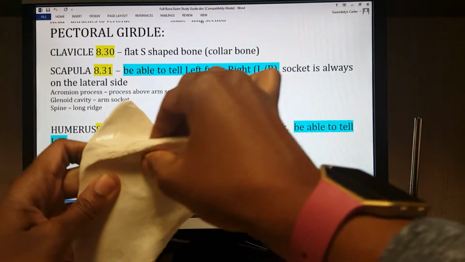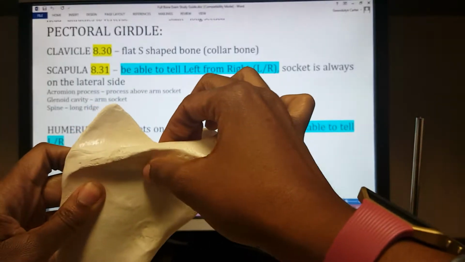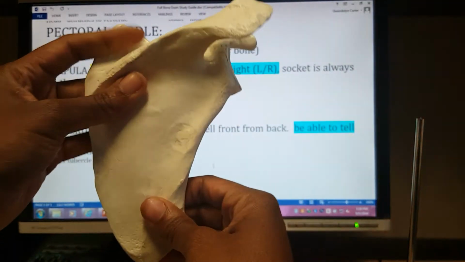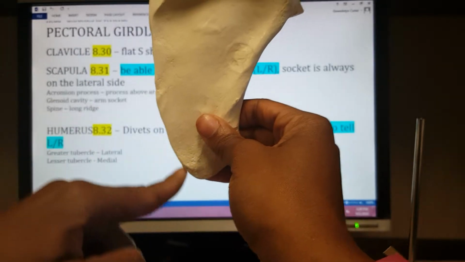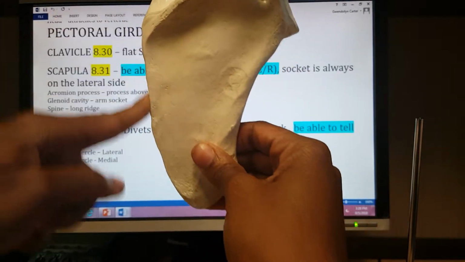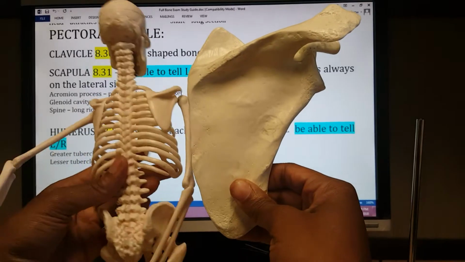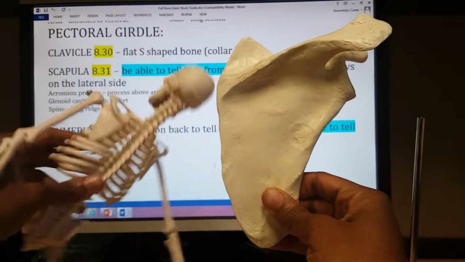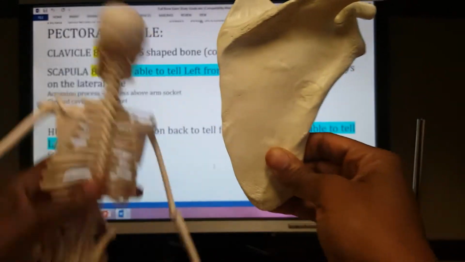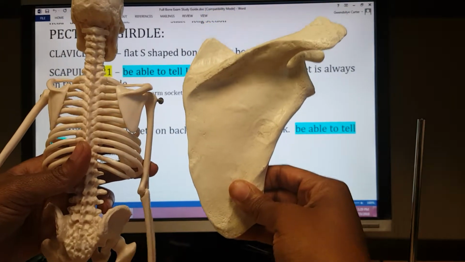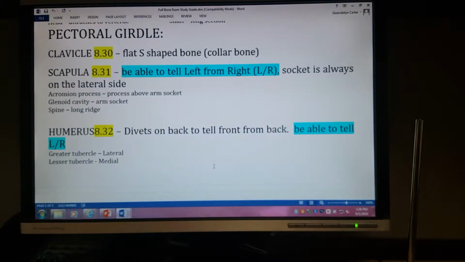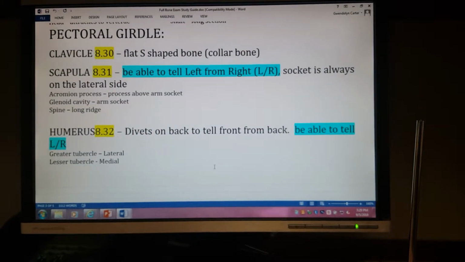This big spine portion is going to point towards the back. This part here is your medial edge, going to point towards the middle of the body. So like our skeleton here, this would be a right scapula. Again, you have to be able to label left from right for this bone.